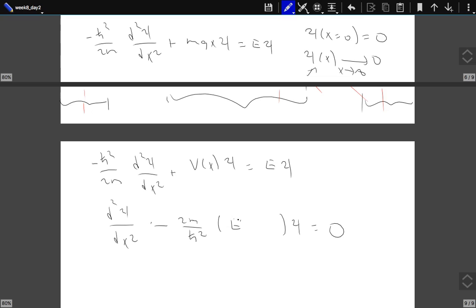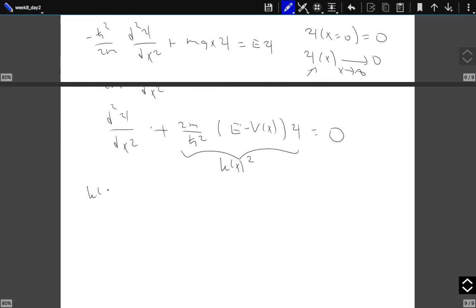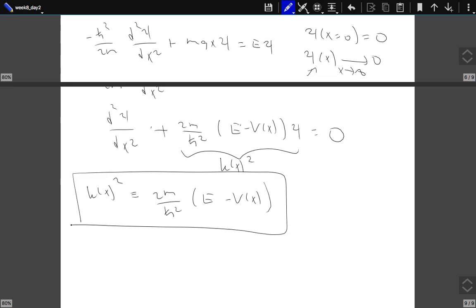Let me write E minus V(x). Now, the reason why I'm writing that E minus V(x) is if you just think classically, E minus V(x) is the kinetic energy, that is p squared over 2m. And if you write p as h bar k, that is just h bar squared k squared over 2m. So that whole thing I can just call k(x) squared. This is how I define k(x), so that my Schrödinger equation takes this form.